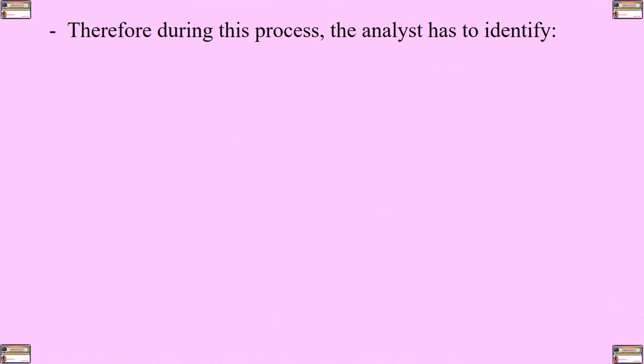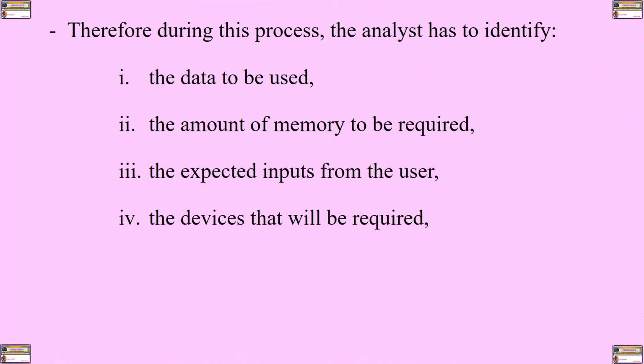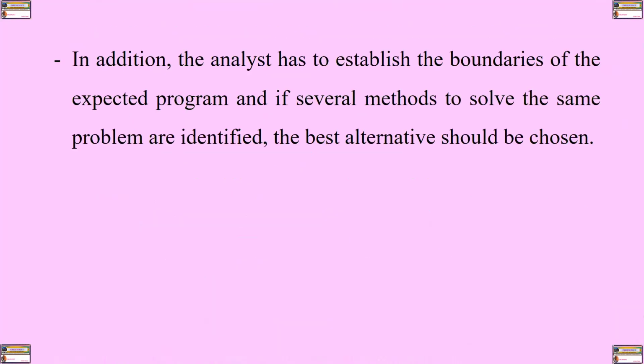Therefore, during this process, the analyst has to identify the data to be used, the amount of memory to be required, the expected inputs from the user, the devices that will be required, the operations to be carried out, and the expected outputs from the program.